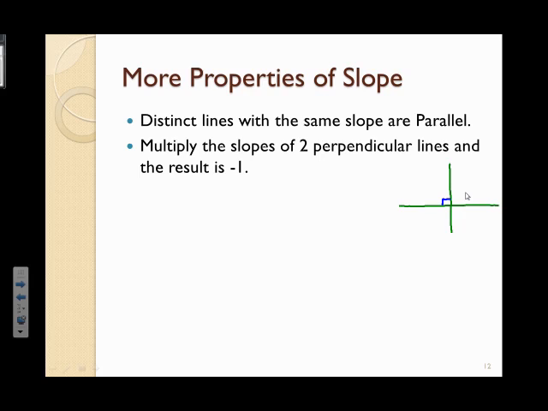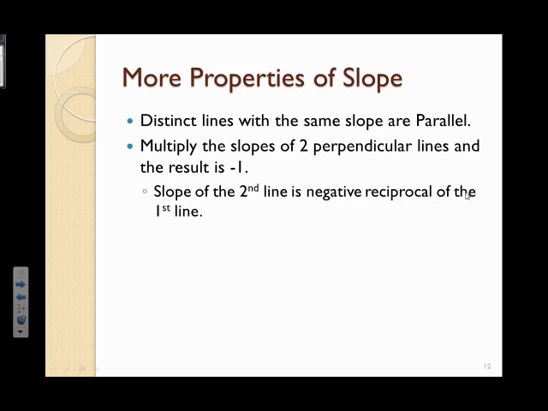And so if we have perpendicular lines, then if you multiply the slopes of these two lines, the green lines that I've drawn, the result will always be -1. Now, that probably looks a little bit better written like this. The slope of the second line is the negative reciprocal of the first line. I know it sounds like a lot of math jargon, but it's not too difficult.